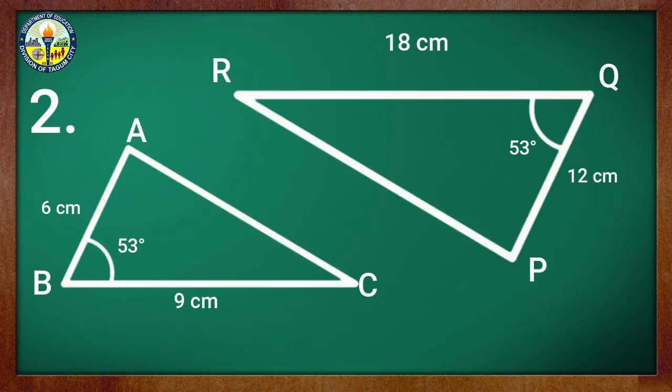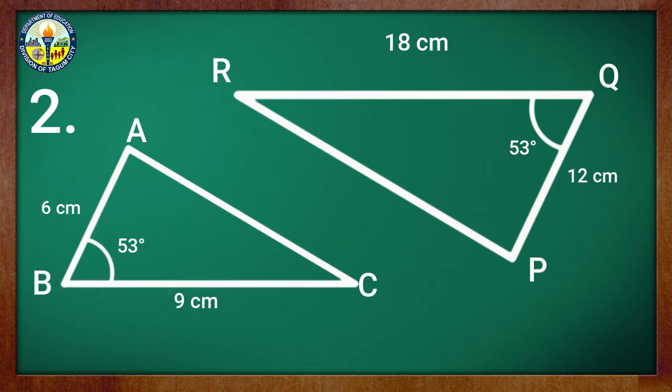Number 2, we have here the first triangle, triangle ABC, where angle B measures 53 degrees. Side AB measures 6 centimeters and side BC measures 9 centimeters.